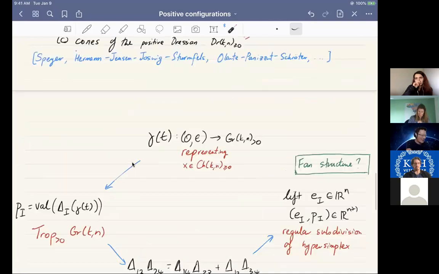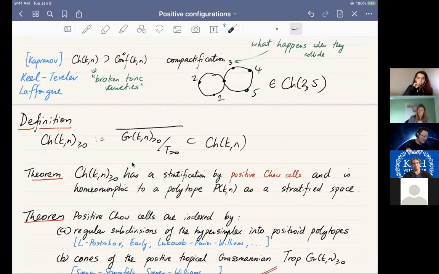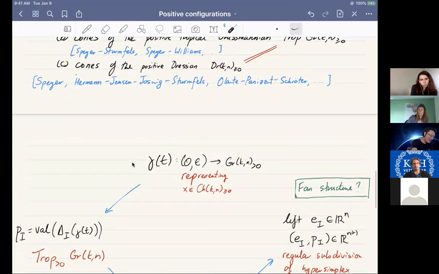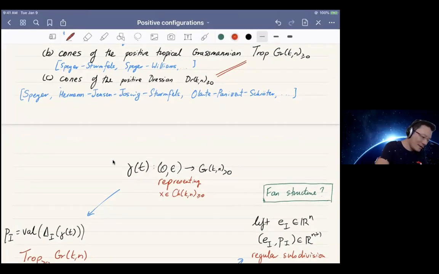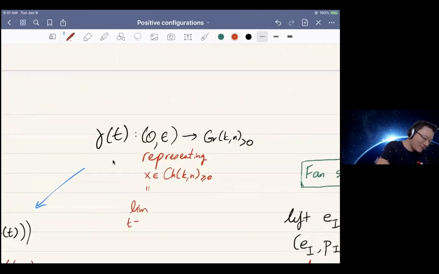And therefore, it gives me a little path in the interior of this space. And then the limit, so this x here, is just the limit as t goes to 0 of gamma of t, where I take this limit inside the Chow quotient.